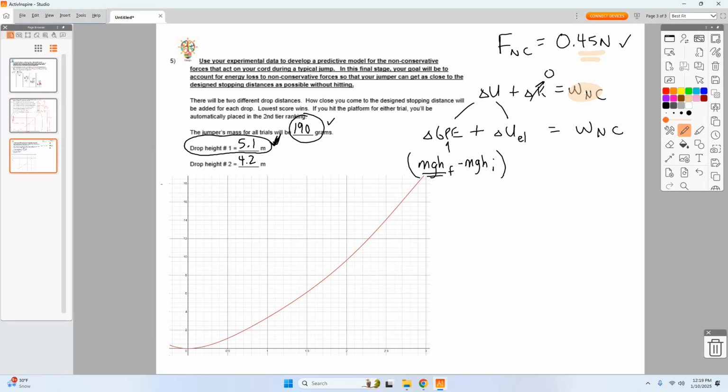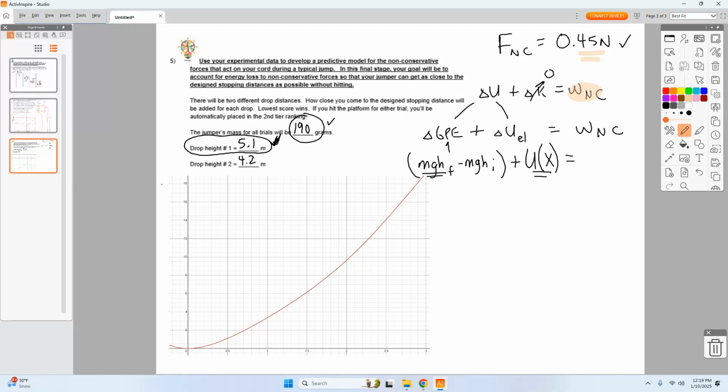And so that's not going to be 0. Plus the change in U elastic. Well, it started at 0. We didn't have any energy stored in the cord to begin with, and it finally went to a value of U of some x that we're still going to have to figure out. We don't know what that is yet. We're going to figure out what this value is from our graph, and I'll show you that in a moment.